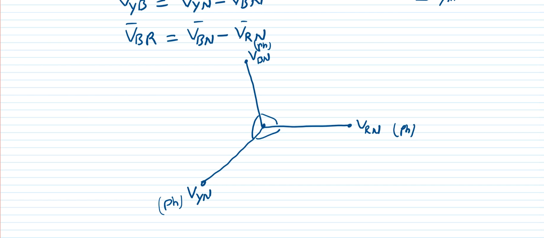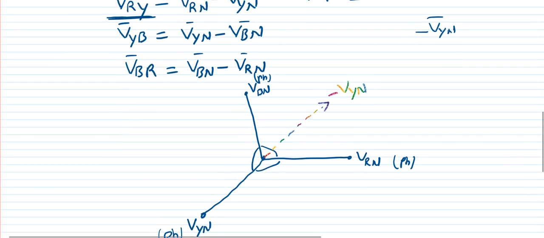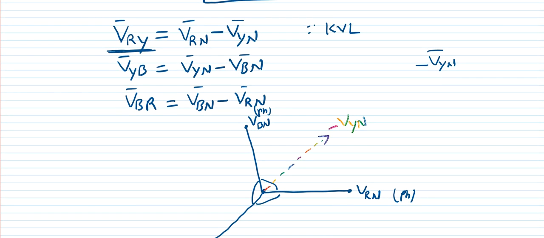If you shift the VYN vector by exactly 180 degrees, then this is nothing but minus VYN. If you draw it exactly opposite, at 180 degrees, it is going to show as minus VYN.